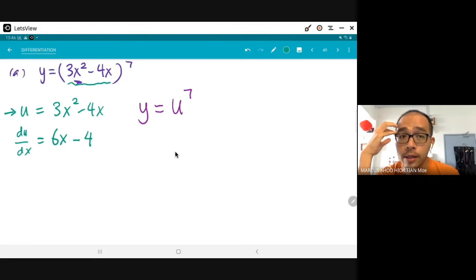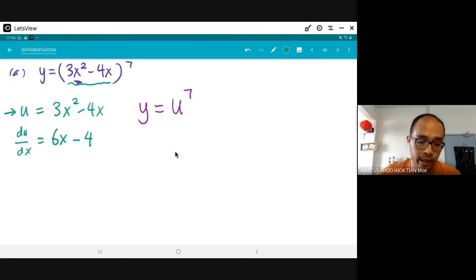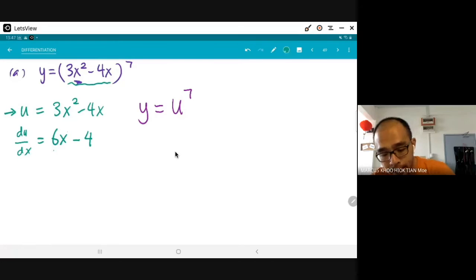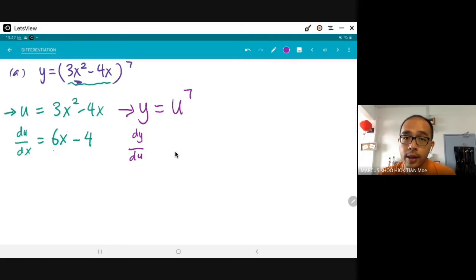This is ordinary differentiation. 2 brought to the front, multiplied by 3, I get 6. x to the power of 2 goes down to 1. And then this one will just give you minus 4. Whereas y equals to u to the power of 7, the differentiation will be dy du, because there's only y and u in the equation. So 7 I bring down, 7u to the power of 6.